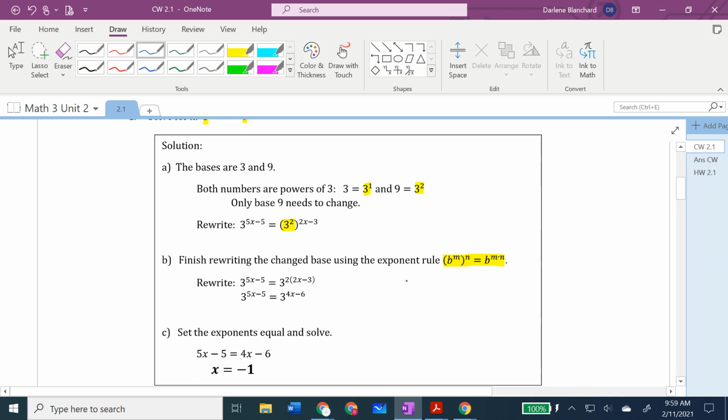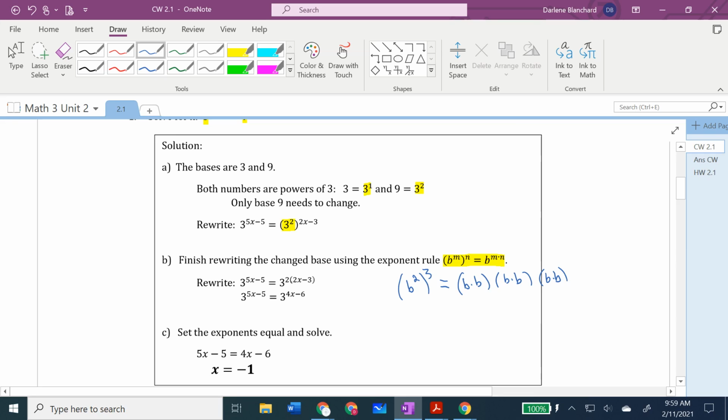And that is, if I have b squared cubed, that's referring to 3 sets of 2 b's multiplying. And I want you to see that that creates multiplication between the two exponents.